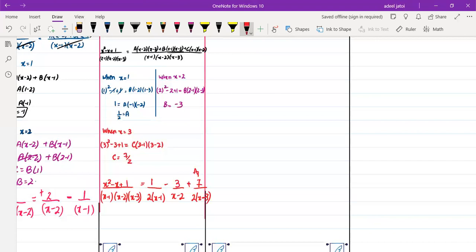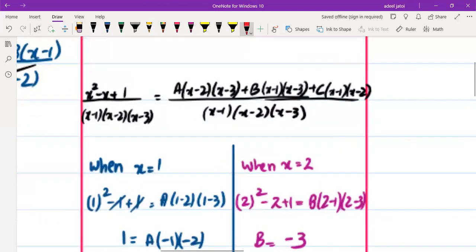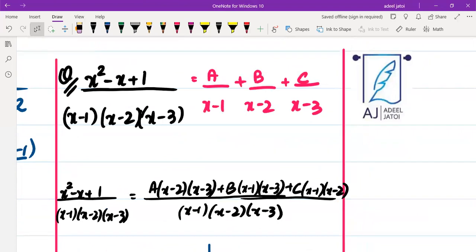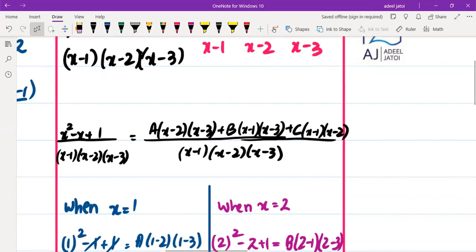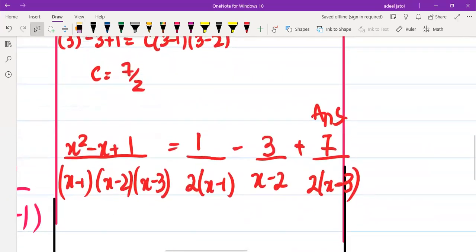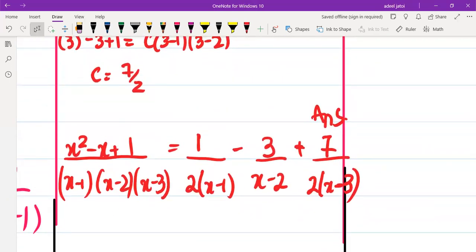So this will be the answer for this example question, which means a is 1 upon 2, b is minus 3, and c is 7 upon 2.